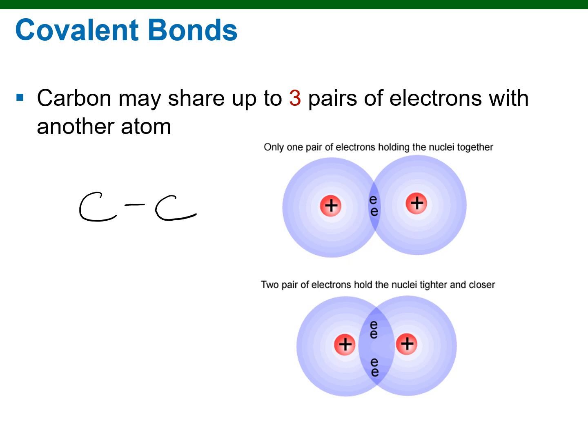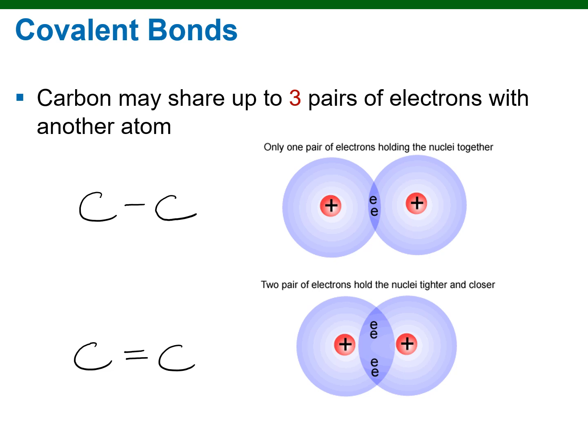But down below here, two pairs of shared electrons can exist, and so you could write here a carbon-carbon double bond, and it's even possible for there to be a carbon-carbon triple bond type of relationship, but because the triple bonding is not observed in living systems, we'll go ahead and just focus on these two that we see here.